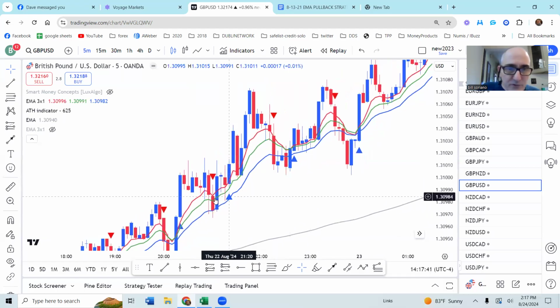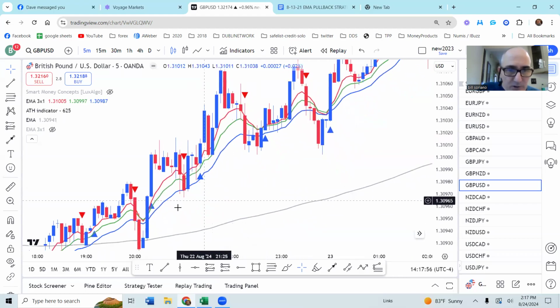So how can we enter this trade now? We have 3 ways to enter. One is we can wait for price to close above the 8, which the very next candle does. So we can get in the trade that way. And our stop loss would go 2 pips below the low of the trigger candle.